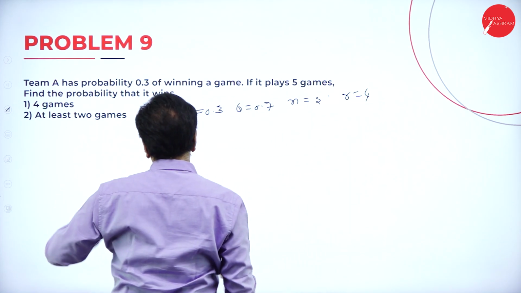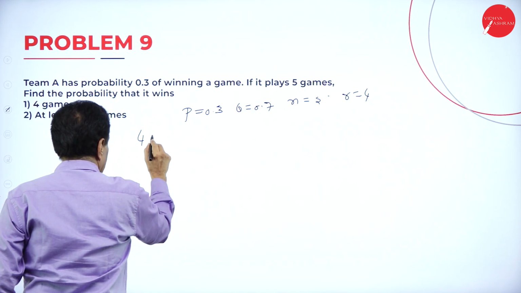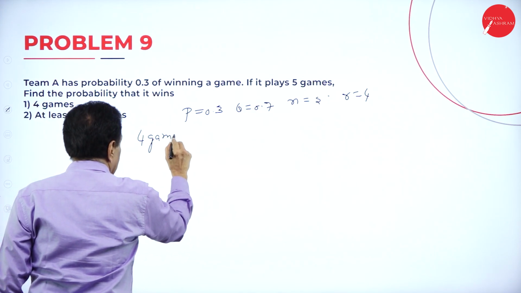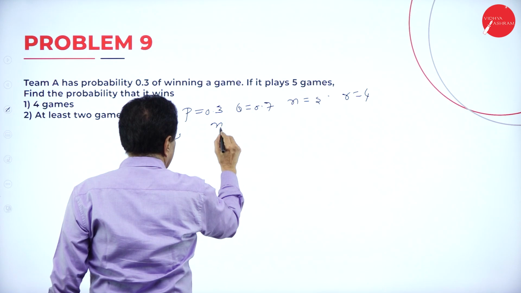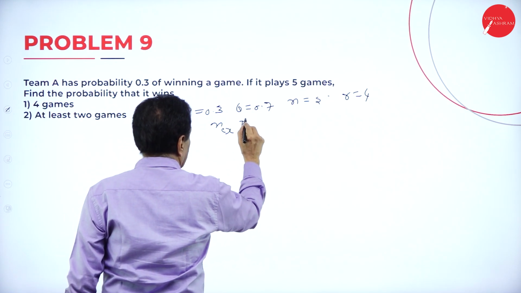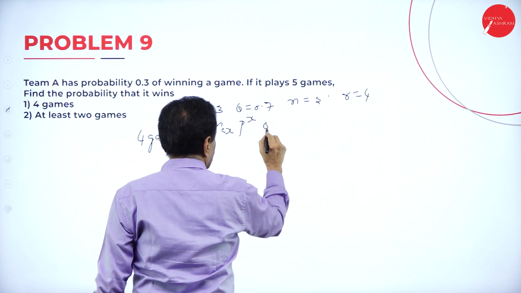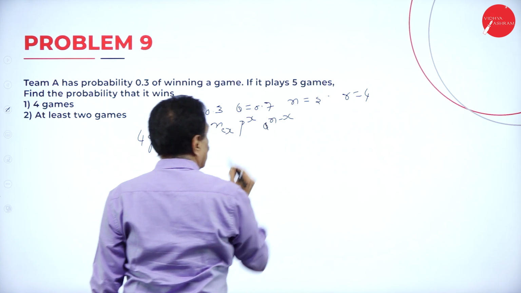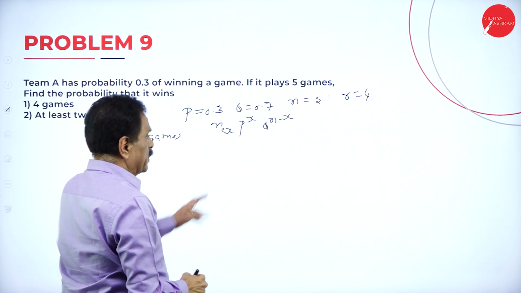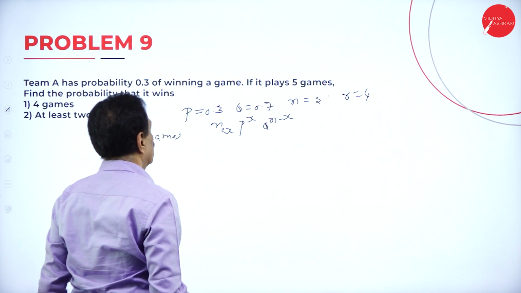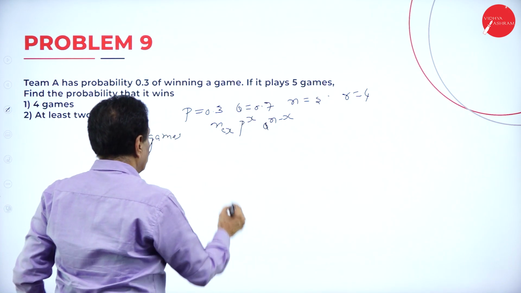First selection, 4 games. Apply nCx, P to the power of x, Q to the power of n minus x, or r. You can put r or x.